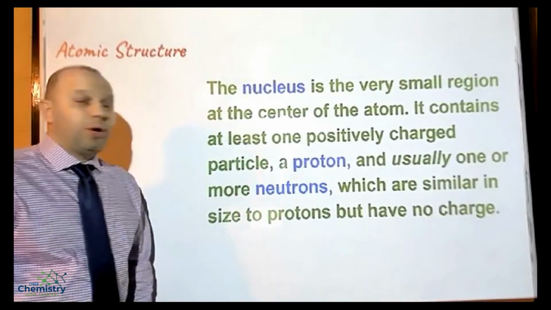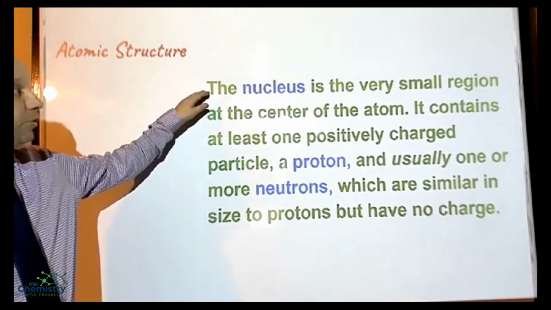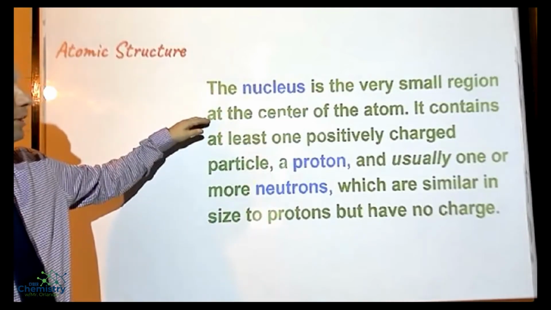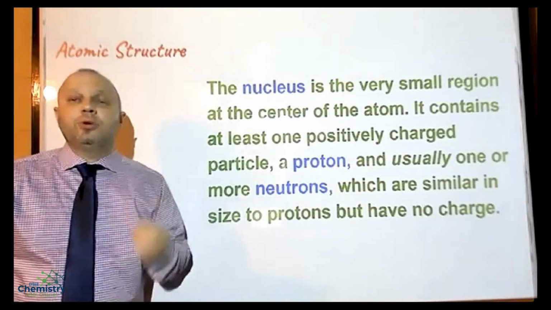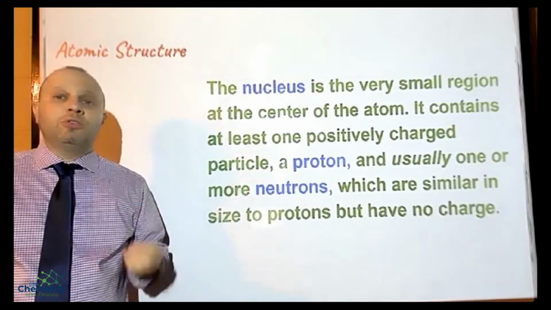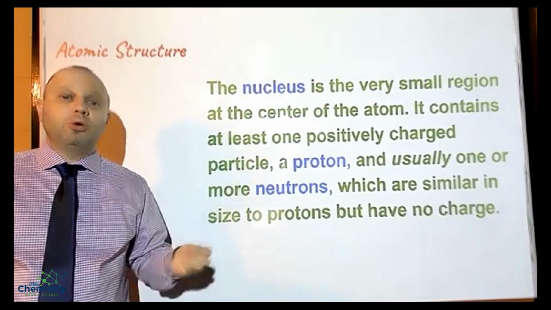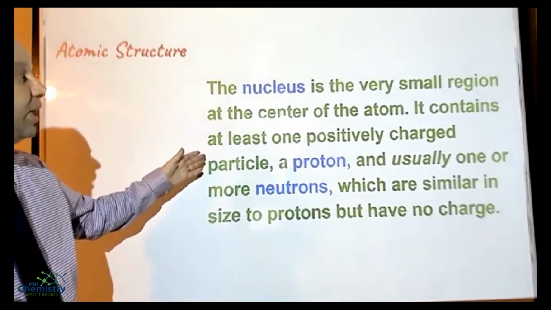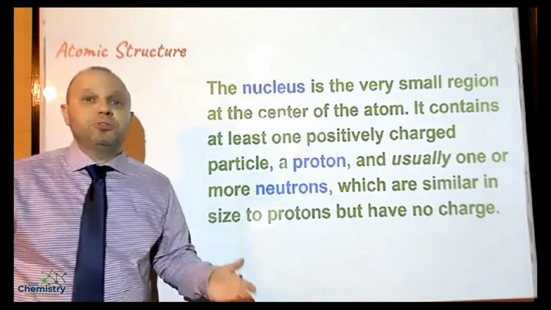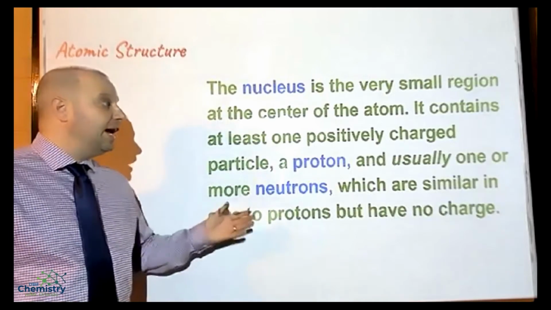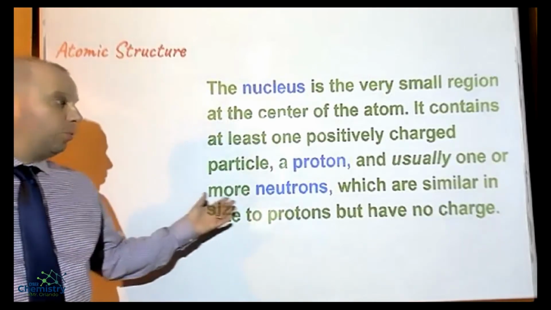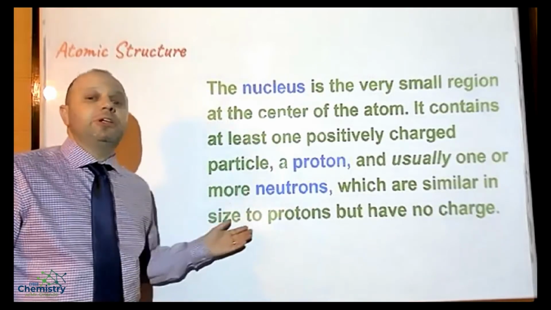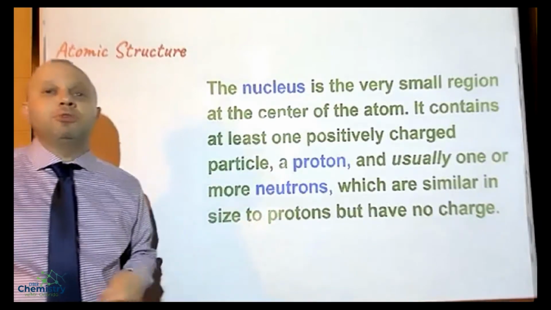Two things I want to talk about here. First of all, the nucleus is a very small region at the center of the atom, initially discovered by Ernest Rutherford when he did his gold foil experiment. It contains at least one proton, because if you don't have at least one proton, you're not even a hydrogen. So at least one proton and usually one or more neutrons, which are similar in size to protons but have no charge.